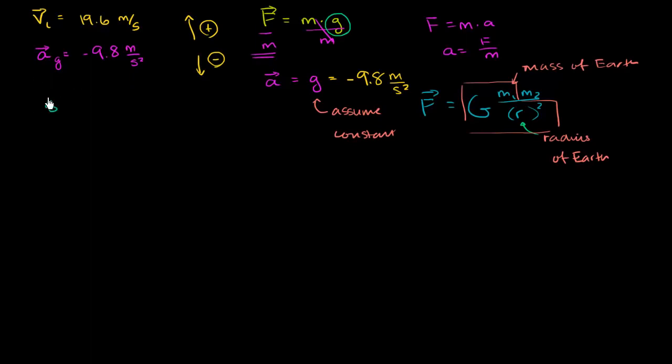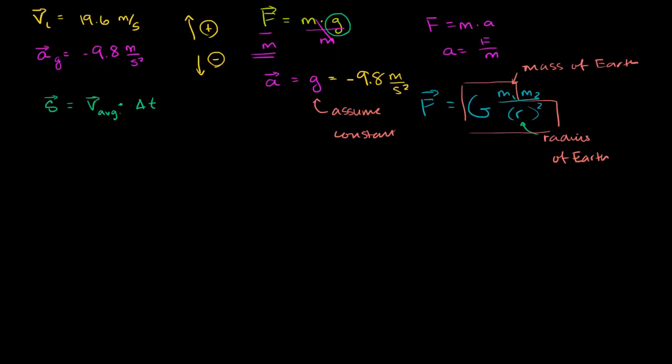So we know that displacement is the same thing as average velocity times change in time. So right now we have something in terms of time, distance, and average velocity, but not in terms of initial velocity and acceleration.